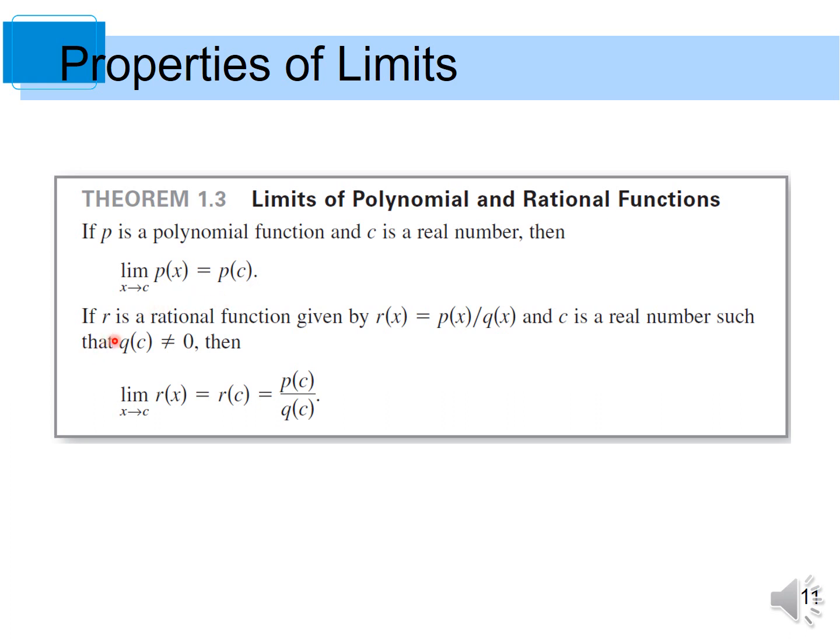If r is a rational function given by r(x) equal to p(x) over q(x), and c is a real number where q(c) is not equal to 0, then the limit of r(x) as x tends to c, by direct substitution of c into x, is p(c) over q(c).